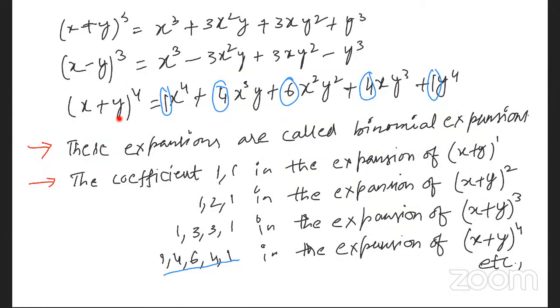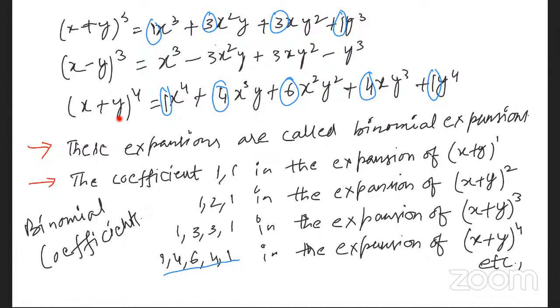And if you look at this one, 3, 3, and then you have 1 here and 1. So these are the coefficients, also known as binomial coefficients. Okay.